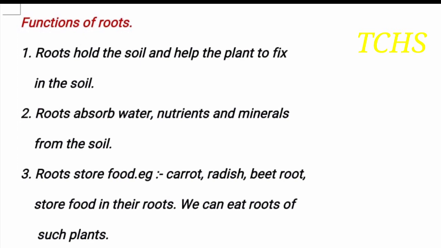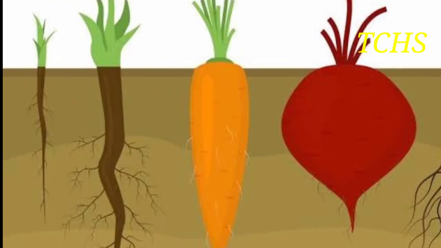So these are the roots. So roots will store the food in these radish, carrot. So we will eat such type of plants. So these are the functions of roots. Children, see this picture of carrot, beetroot. We will eat this type of roots and this will store extra food in their roots.